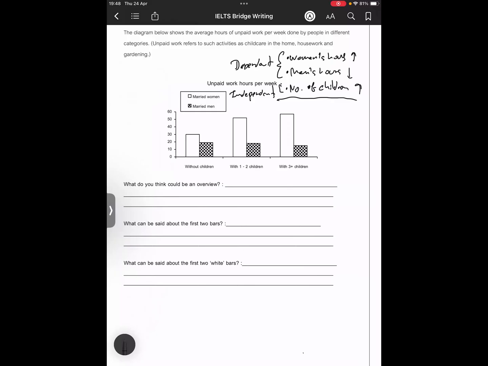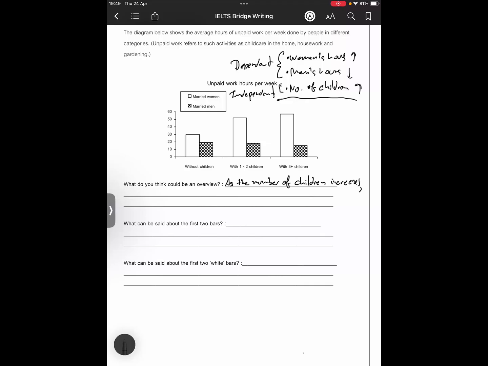So we can say, as the number of children increases, or we can use a less formal style. Maybe I'll just stick to that style because it's easy to understand. As the number of children increases.